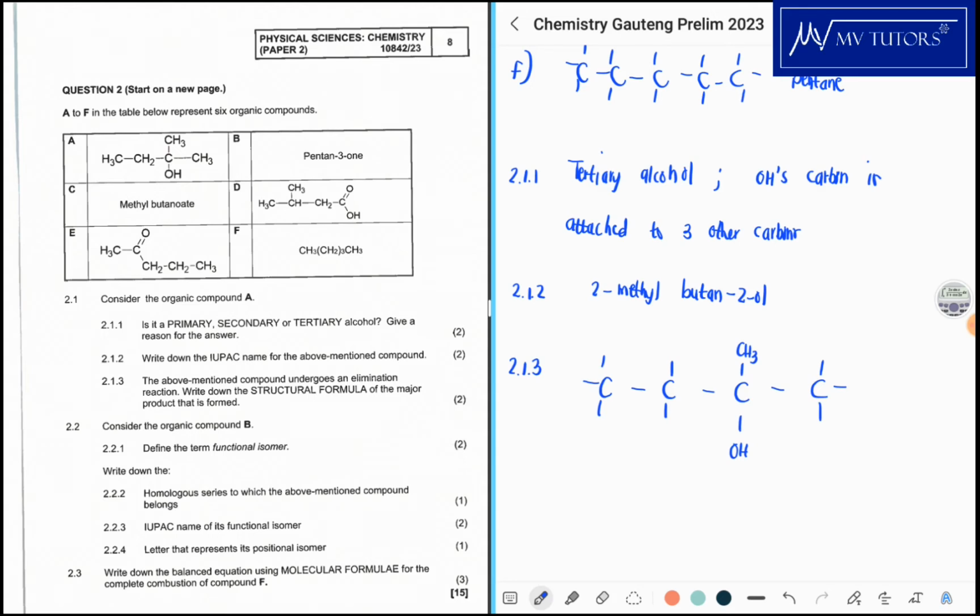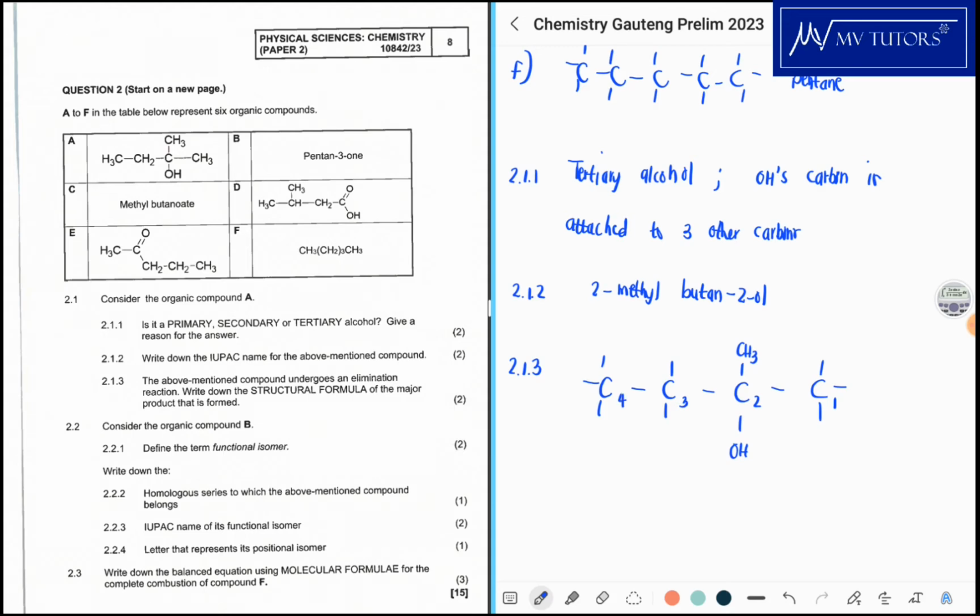All right, and we need to ensure that as we form that double bond, we have a major product. Remember, there can be a major product or a minor product. And here we're going to apply Zaitsev's rule. Okay, so if more than one elimination product is possible, let me just number the carbons.